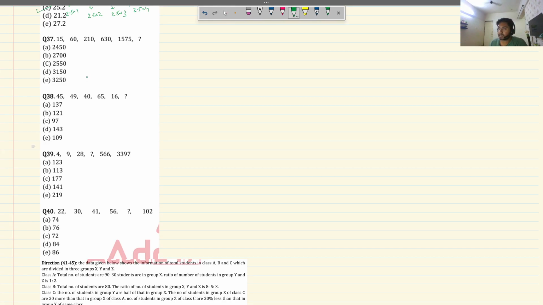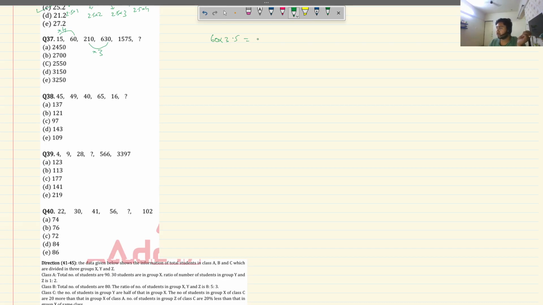If multiplication is there, what I can clearly see is that 210 into 3 will give me 630 and 15 into 4 will give me 60. So what if let's try multiplying 3.5 with 60. Will it give me 210 or not? Let me check once. 60 into 3.5, because 3.5 is between 4 and 3. That is the logic it's going.